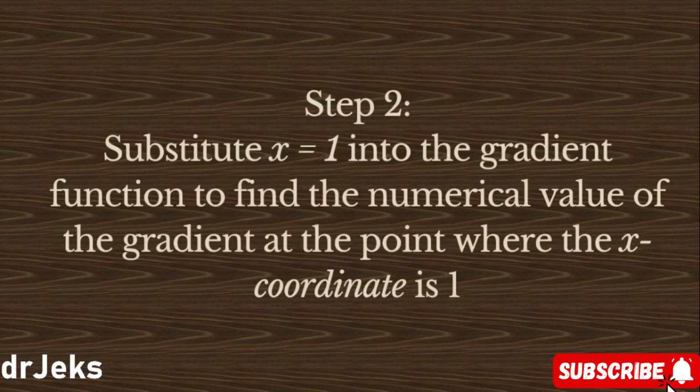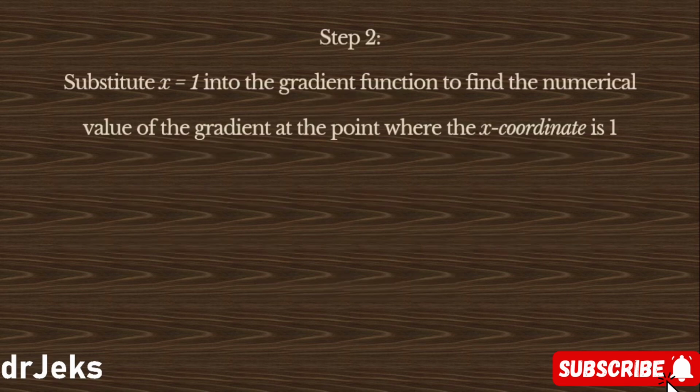Alright, so our differential is 3x squared. Next, we substitute x is equal to 1 into the gradient function to find the numerical value of the gradient at the point where the x coordinate is 1. Why? Because we've been given that the equation y is equal to x cubed passes through the point 1, 1.